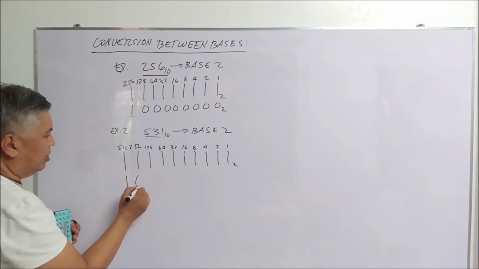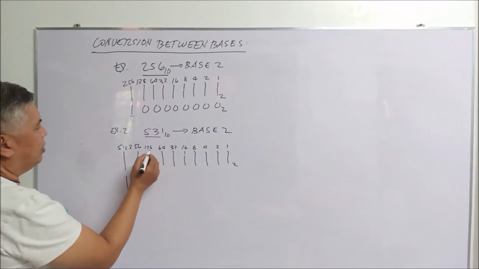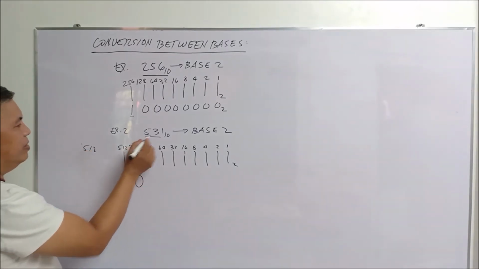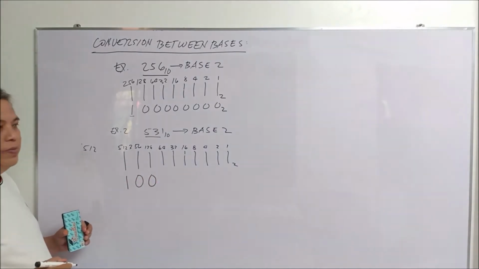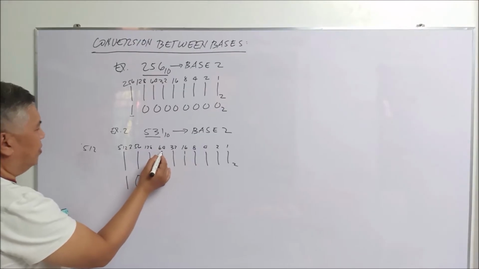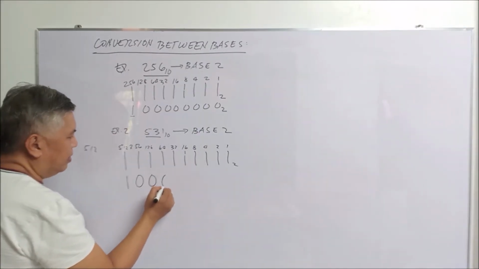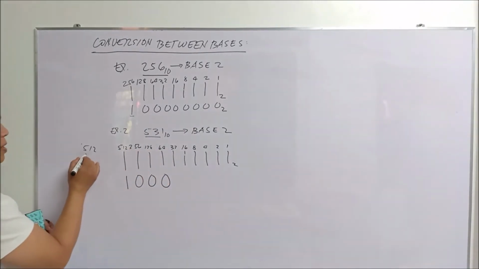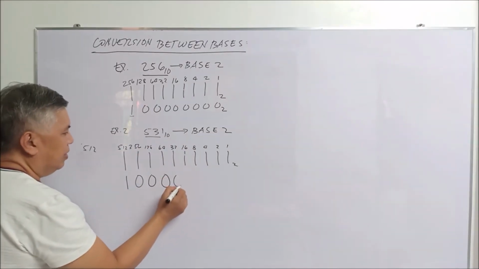So we will make this 0. Then 128 added to 512 is still bigger than 531, so we will make this again 0. 512 plus 64 is still more than 531, so we will make this 0 again. Then 32 plus 512 is more than 531, so we make this 0.